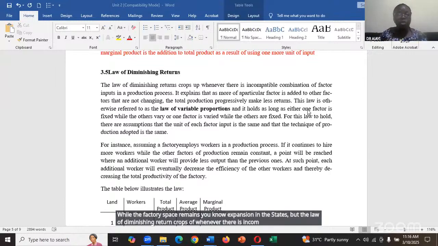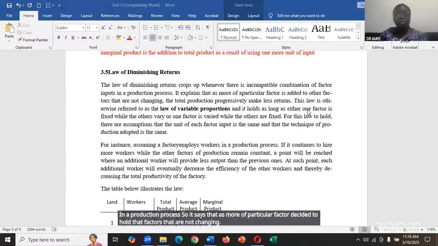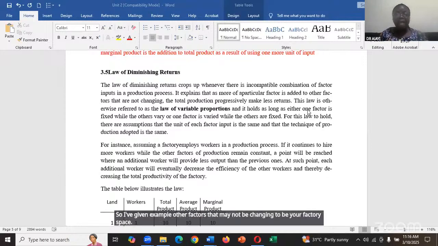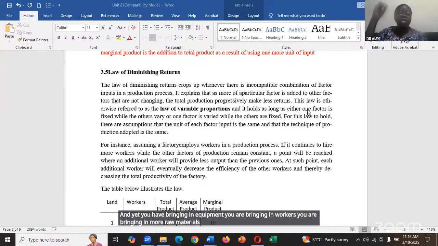So the law of diminishing return crops up whenever there is an incompatible combination of factor inputs in a production process. It explains what happens as more of a particular factor is added to other factors that are not changing. I've given an example: the factor that may not be changing could be your factory space, and it remains in that form for a very long time, and yet you are bringing in equipment, more workers, more raw materials, while using a particular factor input that remains unchanged.